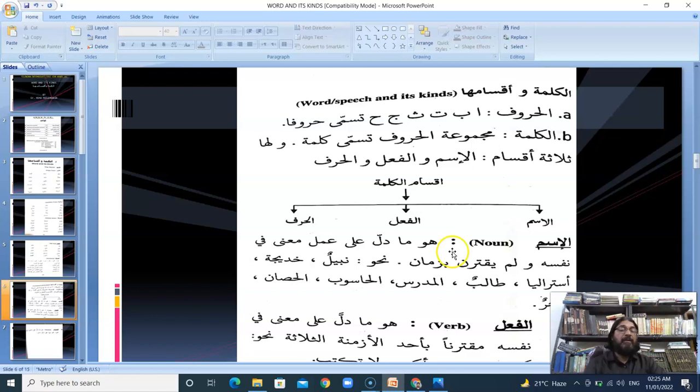What is ism? What is noun? Huwa ma dalla ala amalin ma'nan fi nafsihi. Noun is a word which gives the full independent meaning in itself, and there will be no time linked.